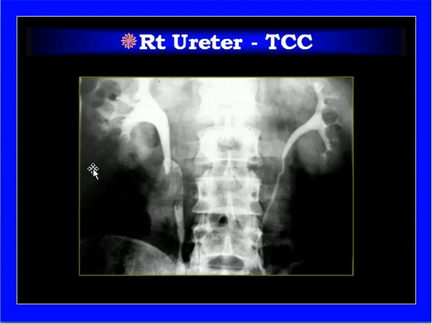The filling defect shows ragged margins, and this is a typical picture of transitional cell carcinoma involving the right mid-proximal ureter.